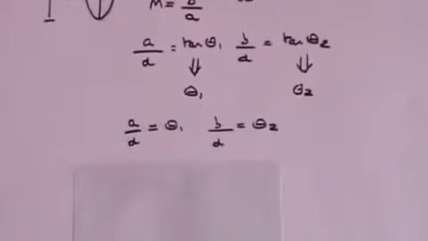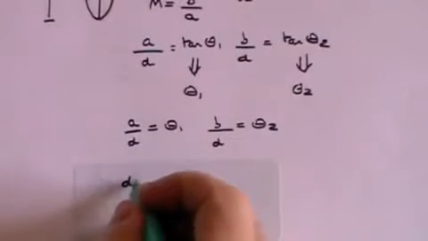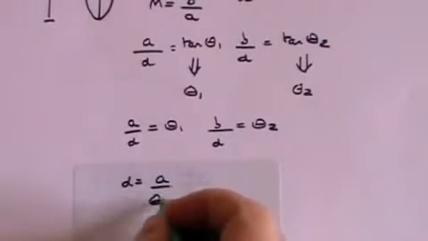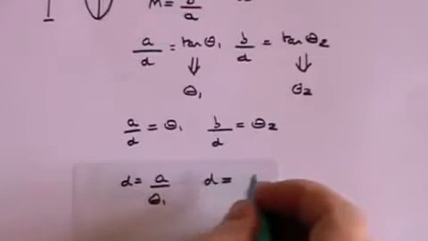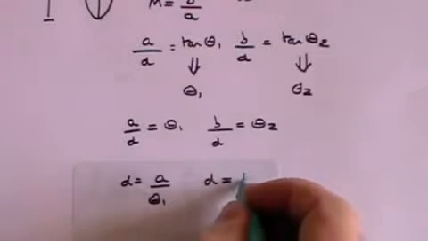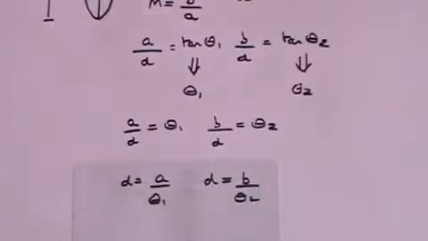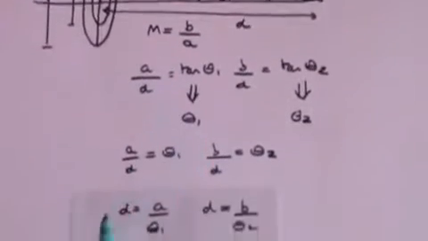So rearranging, D is equal to A over theta 1, and D is equal to B over theta 2. Those two are the same, and you can rearrange that to say that B over A is theta 2 over theta 1. But B over A is the magnification.